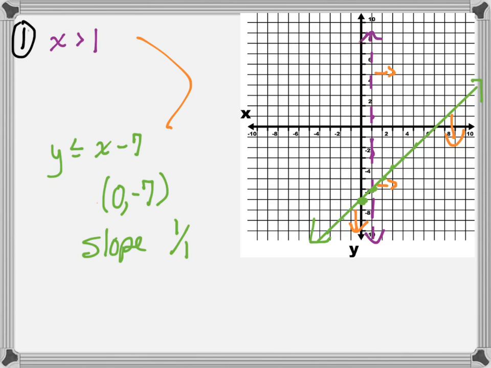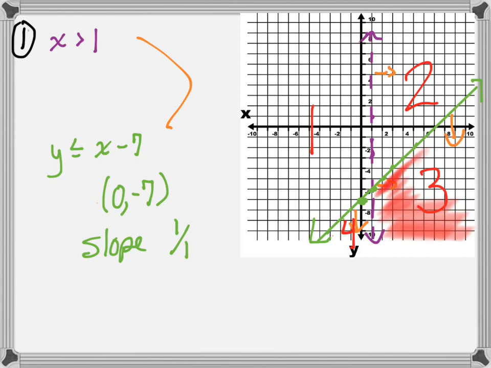Is it going to be in region 1, 2, 3, or 4? If I need to shade both to the right of the purple line and below the green, that would put my shading in that green area.